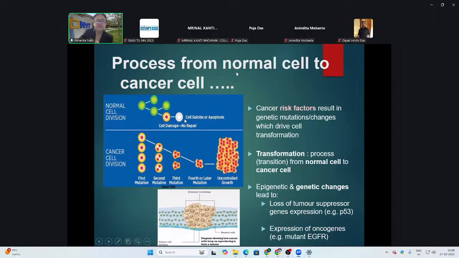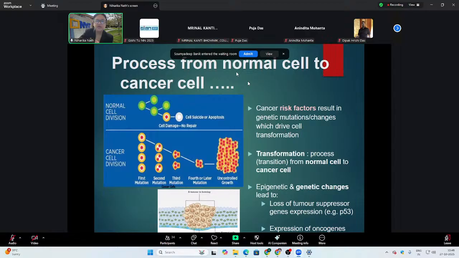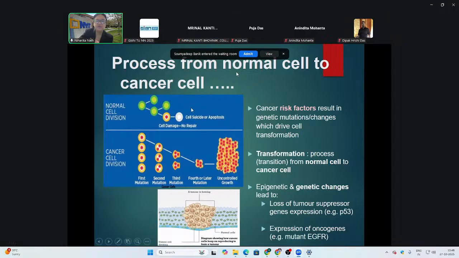Normally a cell will die by suicide. It's very normal. But in a cancerous cell, they will acquire a mutation. Then some of them, not all of them, will acquire a second mutation. Some of them will acquire a third mutation. And a mutation is a change in its DNA.